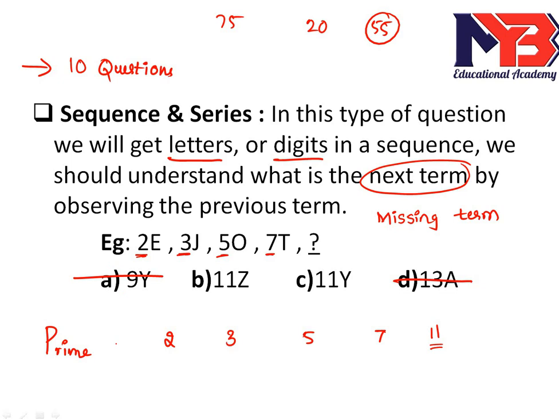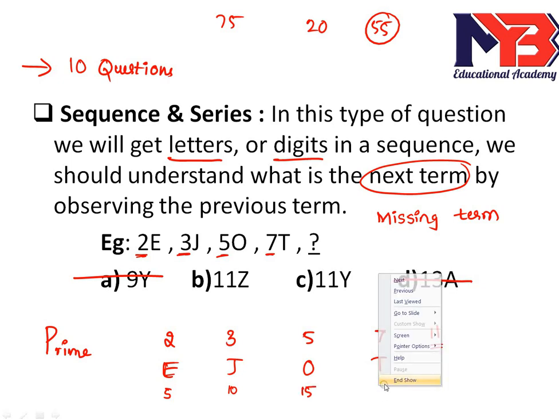And let me observe the alphabets which we have here. The first alphabet is E and the next are J, O, T. If you observe, the position of the alphabet E is 5 and the position of alphabet J is 10. The position of alphabet O is 15.